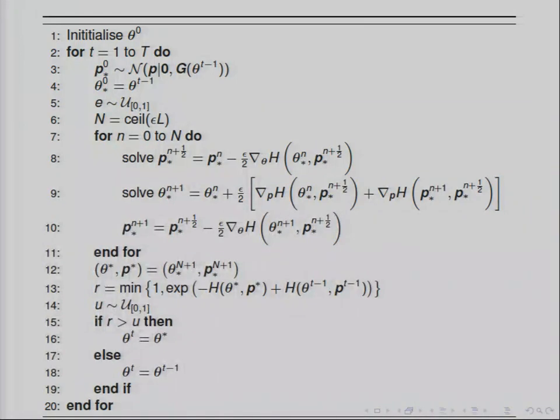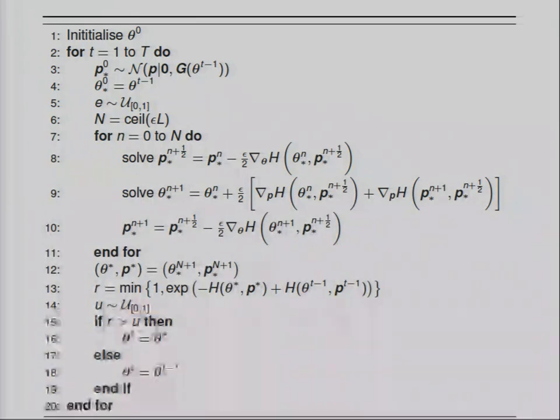We then have to solve these equations for p at n plus a half and theta at n plus 1. And then we just ripple through this n times. And then our proposed theta star and p star are just going to be equal to the points on the approximate path that we obtain from this loop. We then just plug those into the joint distribution to get our acceptance probability, and then we accept or reject, and then we just keep looping.